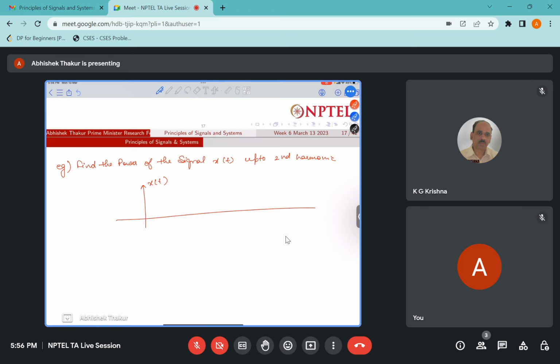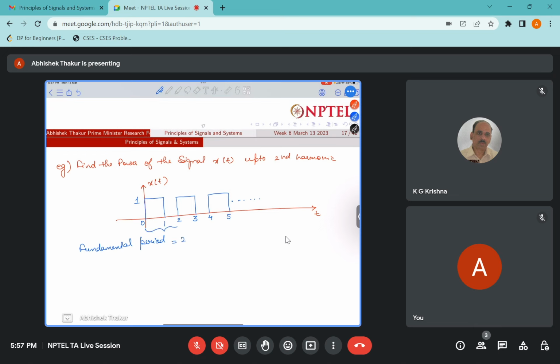x(t) is 1 from 0 to 1. So the fundamental period is equal to 2 here.